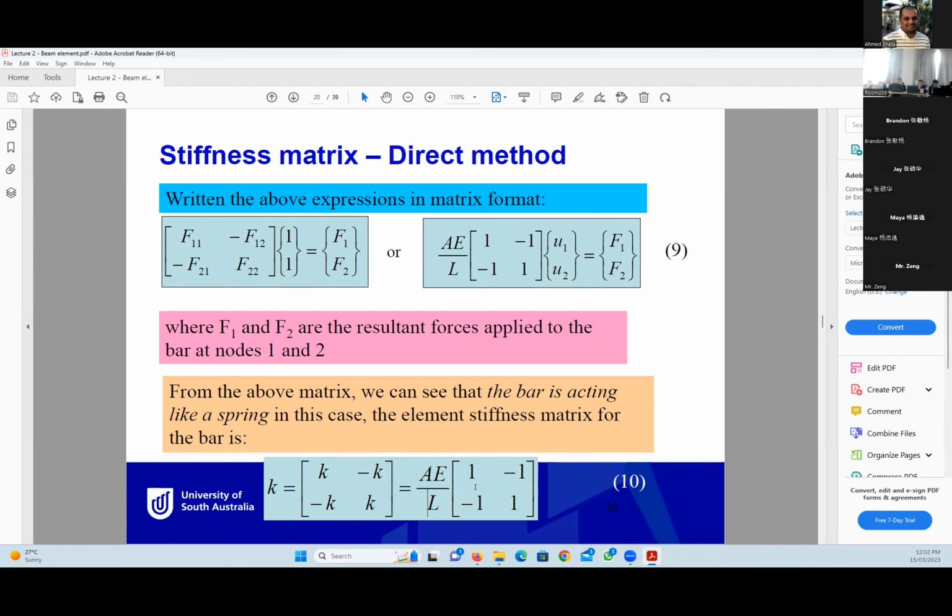Another way to write it is EA by L, negative EA by L, negative EA by L, and EA by L. From this slide we can notice that the stiffness matrix of a truss element is a 2 by 2 matrix, and its values are 1, -1, -1, 1 times EA by L.